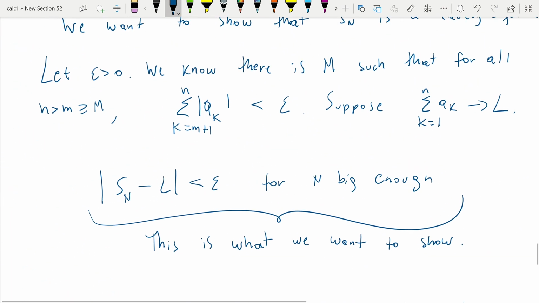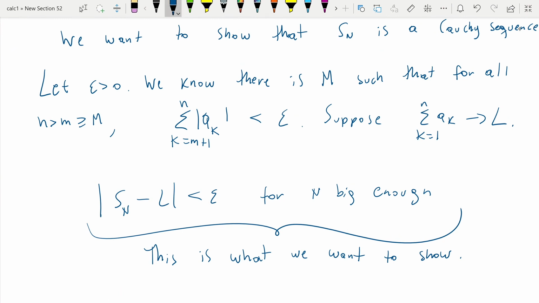It's going to contain subscripts that are greater than or equal to n plus 1. And it doesn't matter how big n is, this inequality is still going to hold. No matter how many terms you're adding up and how big n is, this sum is guaranteed to be smaller than epsilon.